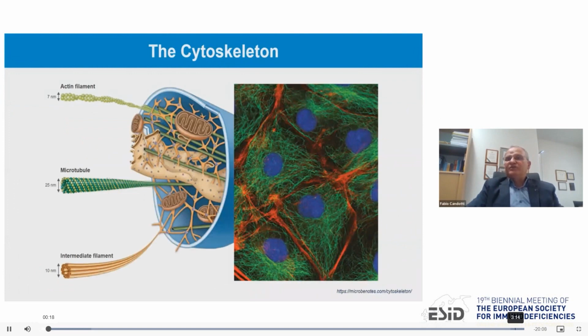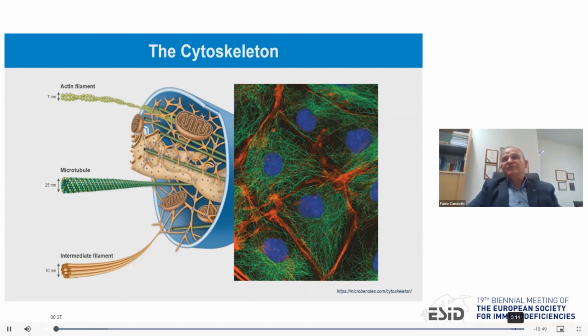As a way of introduction, you know that the cell cytosol contains a system of fibers that allow the cell to maintain its shape and to change it as needed during the life cycle.